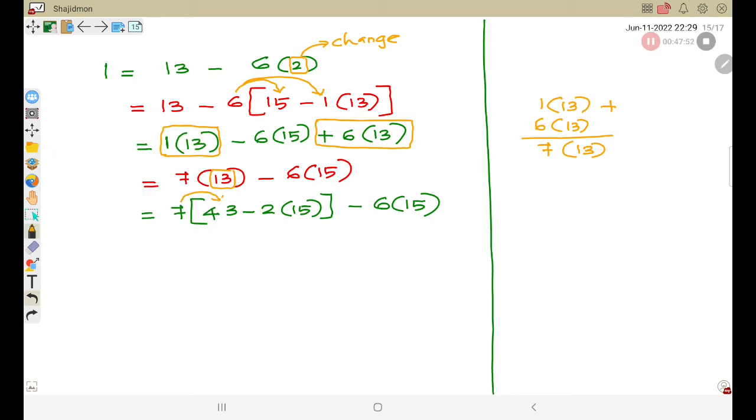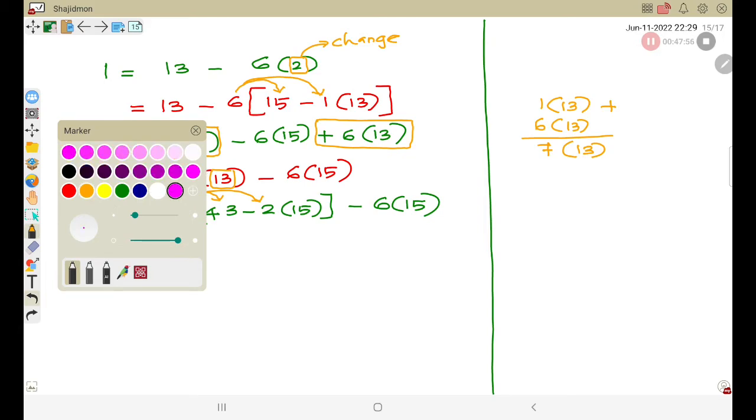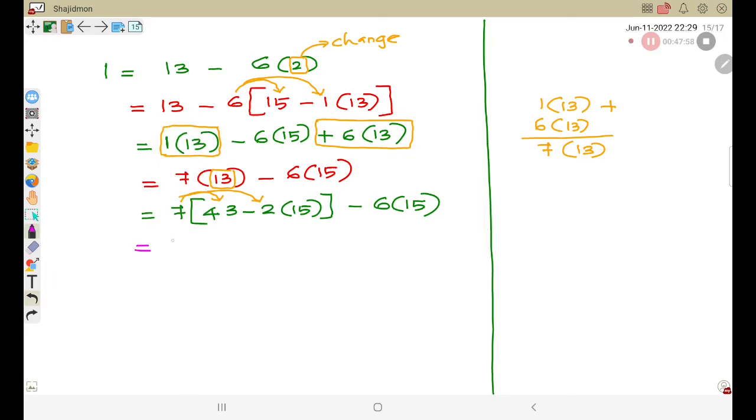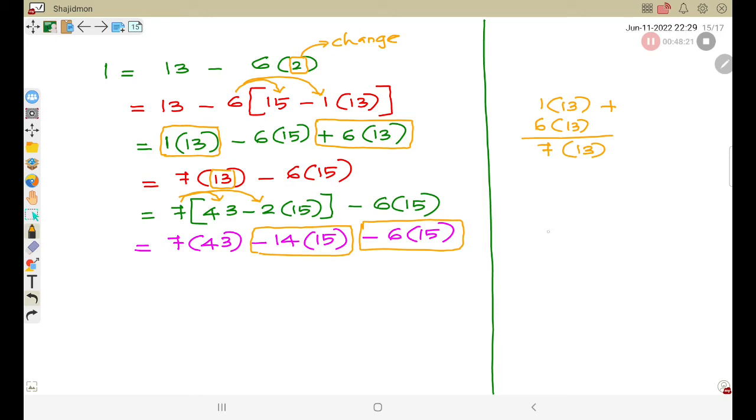Expand this bracket, multiply this, so you will get it equals 7 times 43 in bracket, minus 7 multiply 2 means 14, 15 in bracket, minus 6 multiply 15, correct? Now add the same terms. What are the same terms here? Minus 14 multiply 15 minus 6 multiply 15.